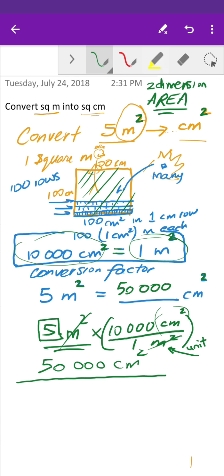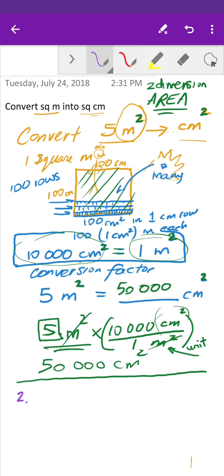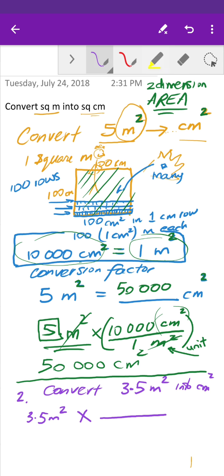So this is the math I like. I'll show you the math I like. The explanation's completed, but number 2, I'm not going to just multiply by 10,000. If I'm going to be asked to convert, say, 3.5 square meters into square centimeters, I like writing down 3.5 square meters and multiplying by a fraction where the top number and the bottom number are the same, but you use the numbers from the conversion factor.